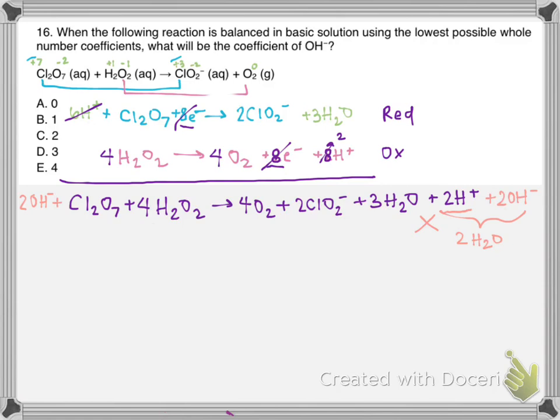So our official, complete, overall reaction in basic conditions is going to be where we have 2 hydroxides with 1 Cl2O7 with 4 hydrogen peroxides react to form 4 moles of oxygen, 2 ClO2 minus, and then 5 total waters.